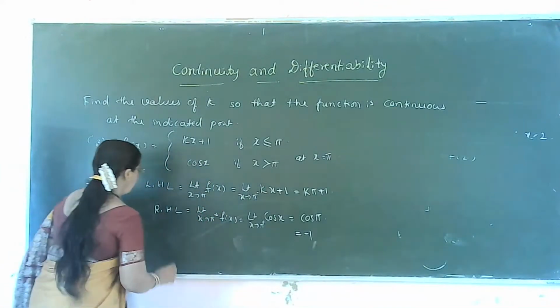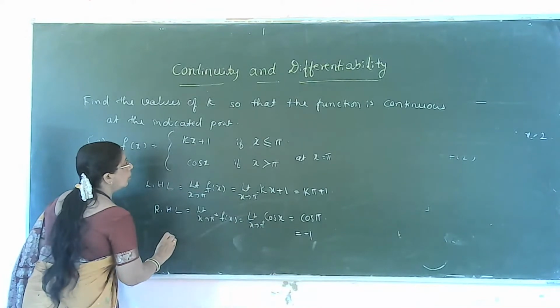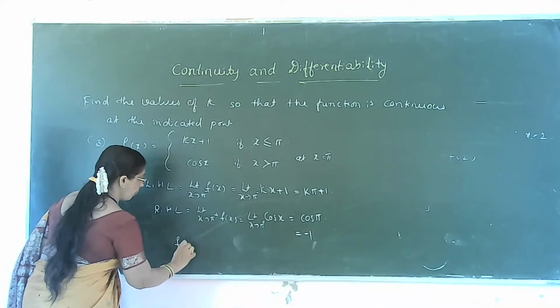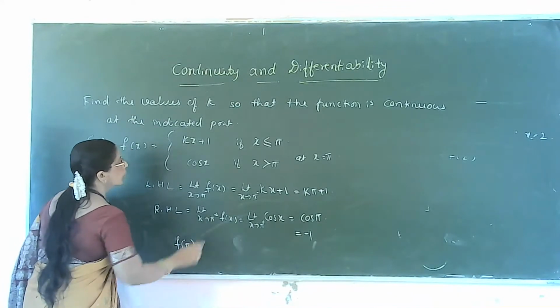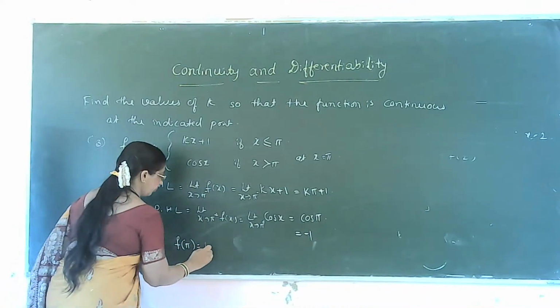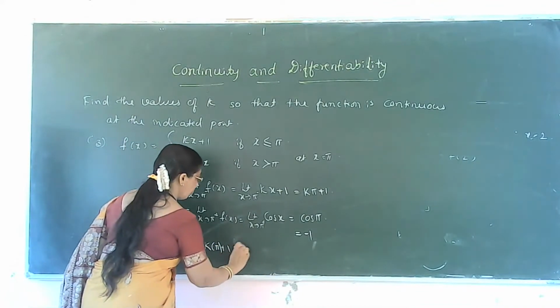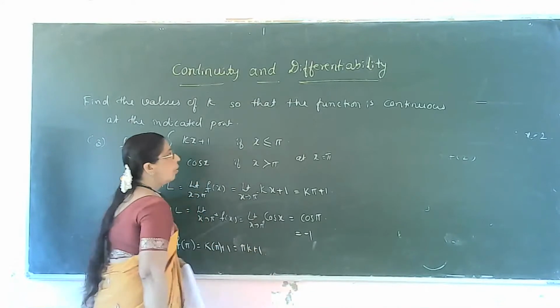Then put the value here. You can find the value of the function f of 5. f of 5 is equal to k into 5 plus 1, which is equal to 5k plus 1.